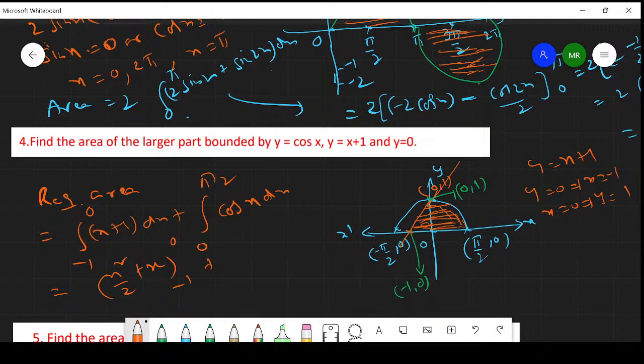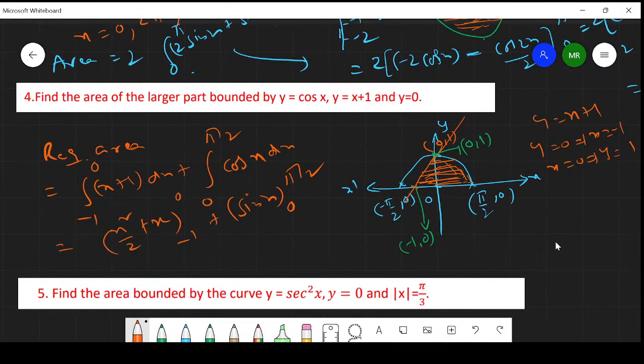The integral of cos x is sin x, with limits 0 to pi by 2. If I substitute the value, everything will be 0 at 0, applying minus 1, so 0 minus applying minus 1, you will get 1 by 2 minus 1. Sin pi by 2 is 1, sin 0 is 0.